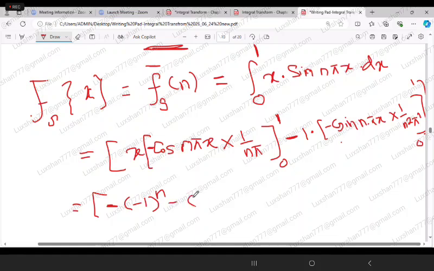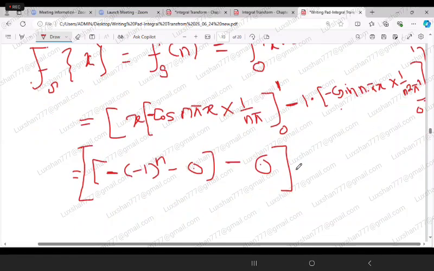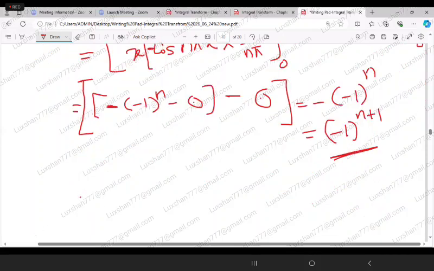Minus, if I put x equal 1, sine n pi is 0, and at 0 that part is 0. So I get minus 1 to the power n plus 1. Okay.